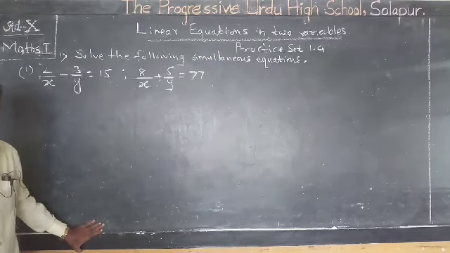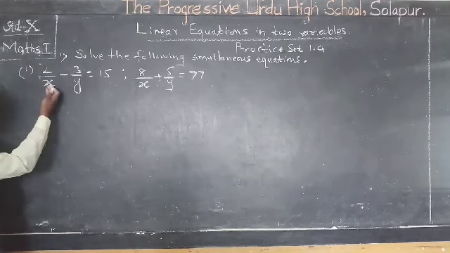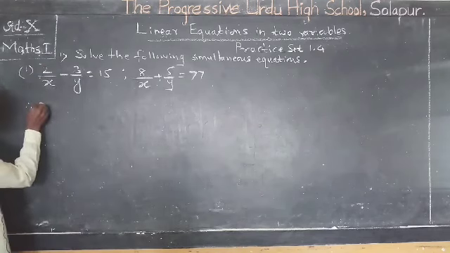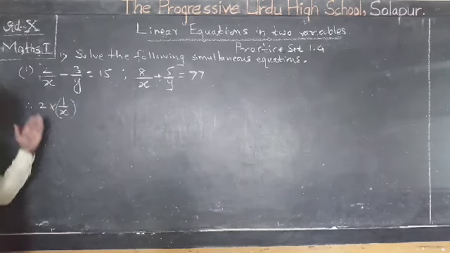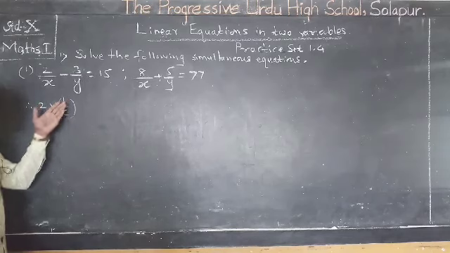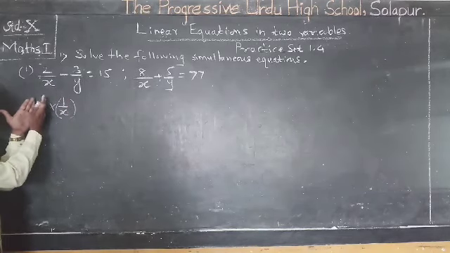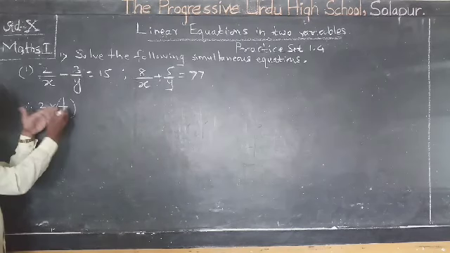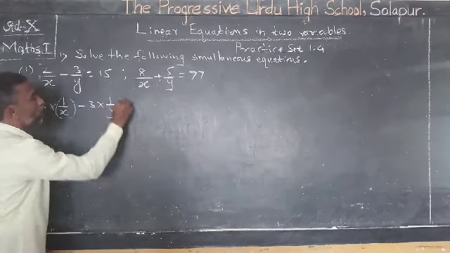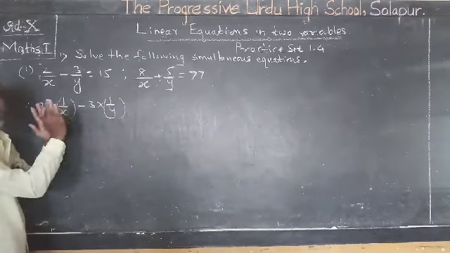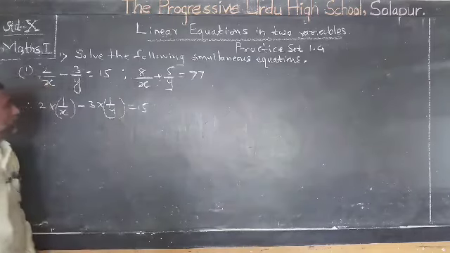How? By proper substitution. Look, 2 by x we can write as 2 into 1 upon x, meaning 2 ones are 2 by x, same. I have written it separately: 2 into 1 upon x minus 3 into 1 upon y is equal to 15.